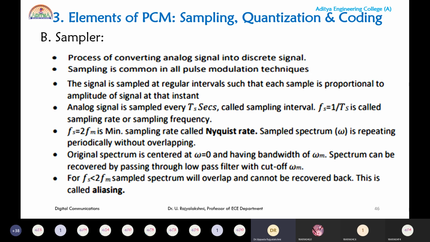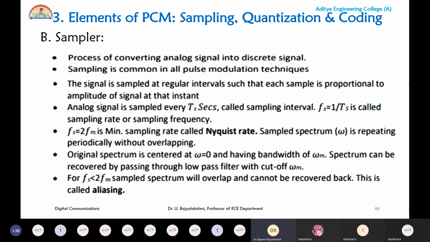This is common terminology in all the pulse modulation techniques, because we discretize the time axis. If we want to discretize the time axis, we need to divide it into time slots having a sampling interval Ts.